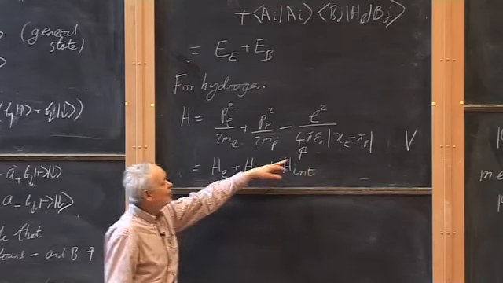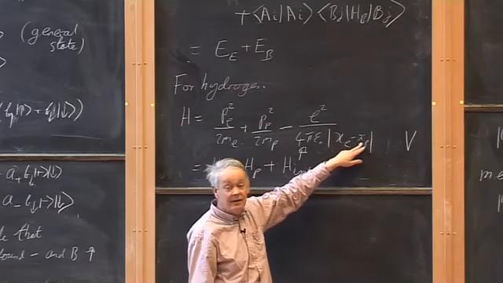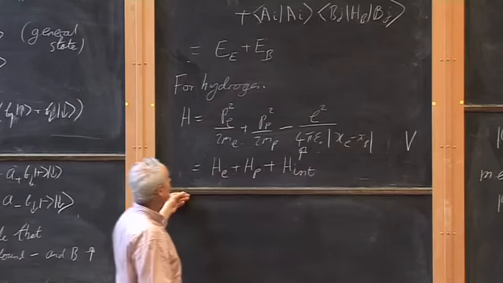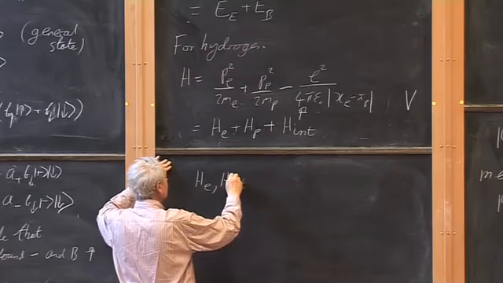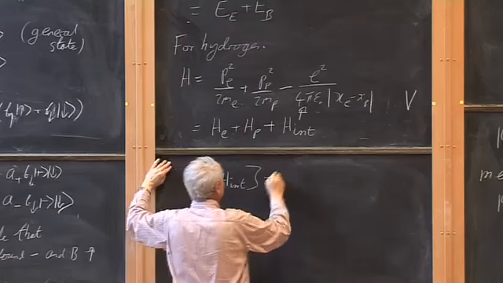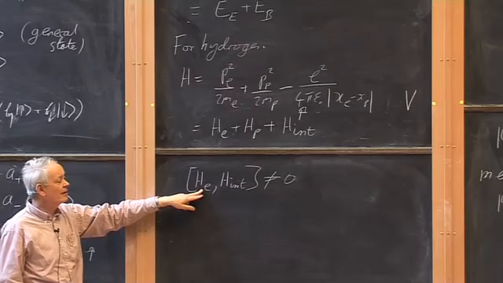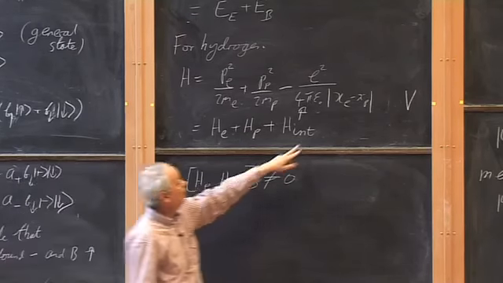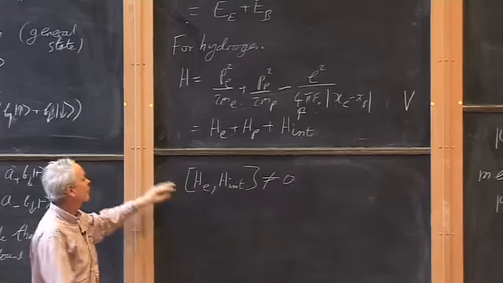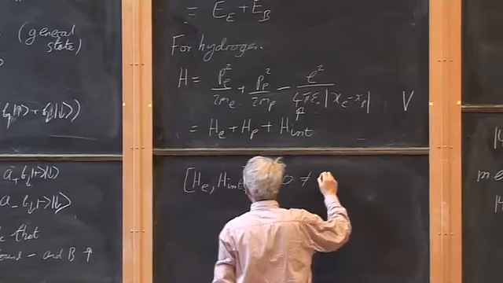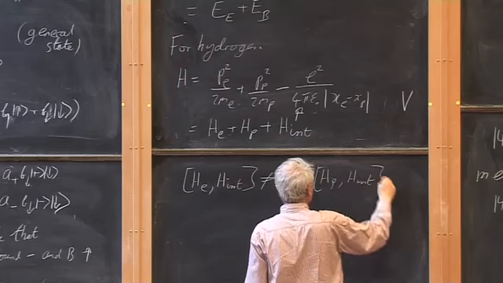And the thing about this interaction Hamiltonian is that it depends on operators belonging both to the first subsystem and the second subsystem. And the consequence of that is that the commutator of H electron with H interaction is not equal to naught, because the PE, the electron momentum operator sitting inside here, has a bone to pick with the electron position sitting inside here. And similarly, of course, the commutator of H proton with H interaction is not equal to 0.